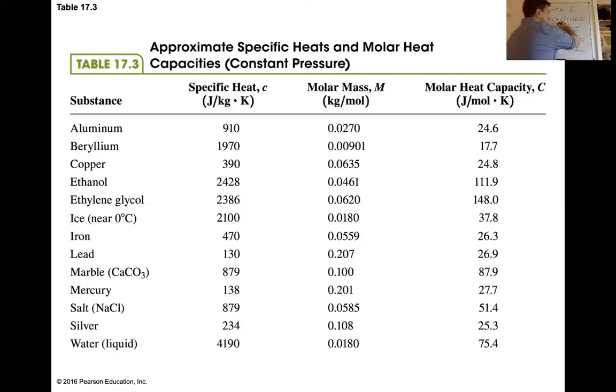But the temperature doesn't change. The boiling point of water is 100 degrees Celsius, or 373 Kelvin. So while the water is boiling, that is the temperature that it has.